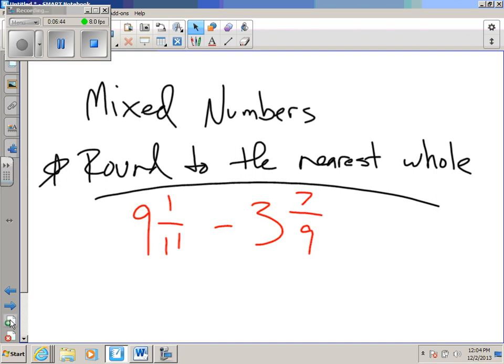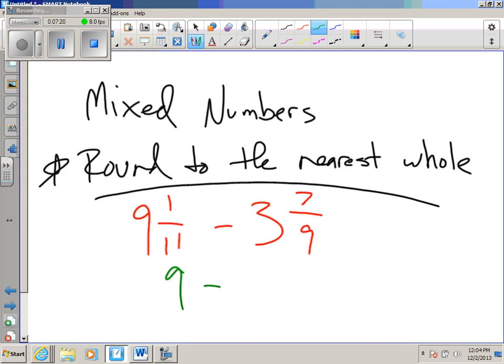What fraction best represents that 5? 5 is about what in relation to 0 and 10? Halfway in between, right? That's why if it's 5 or greater, we round up. So if your fraction is half or greater, you'll round up. How does 1/11 compare to half? Right, so is that going to make this 9 turn into a 10 because you got 1/11 with it? That's going to stay at a 9.